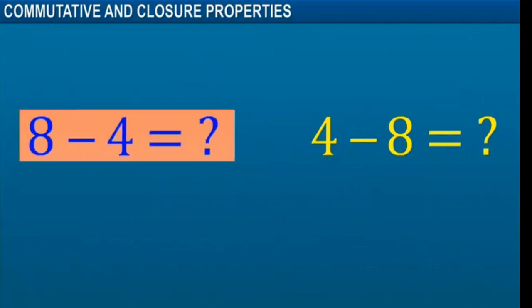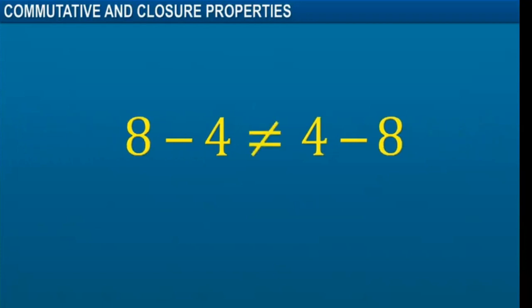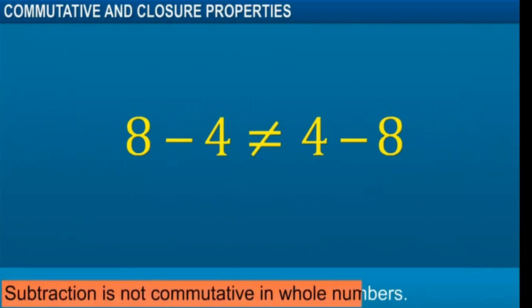Observe that 8 minus 4 is equal to 4. However, 4 minus 8 is not a whole number. Since 8 minus 4 is not equal to 4 minus 8, subtraction is not commutative in whole numbers.